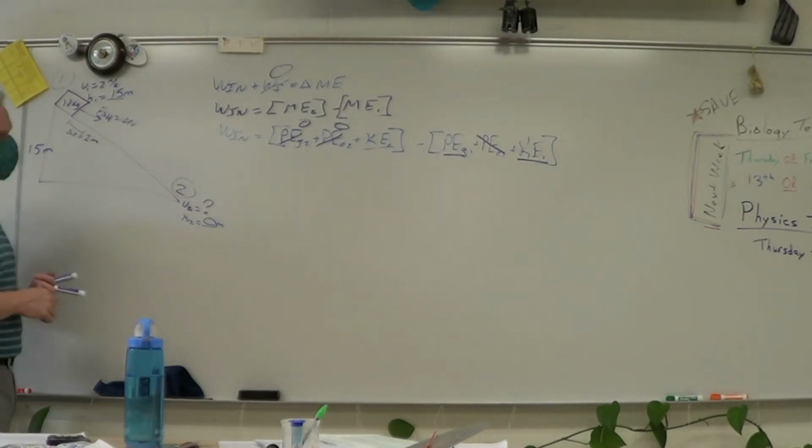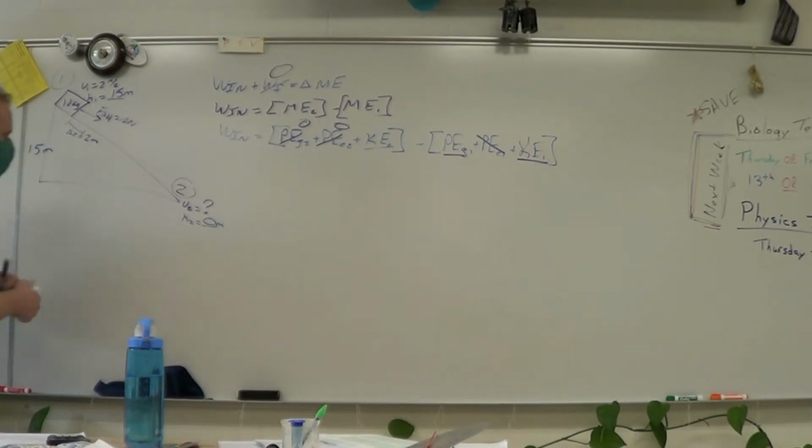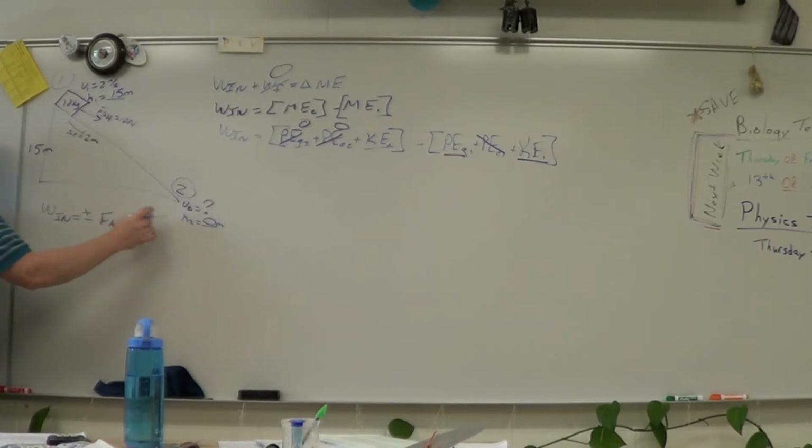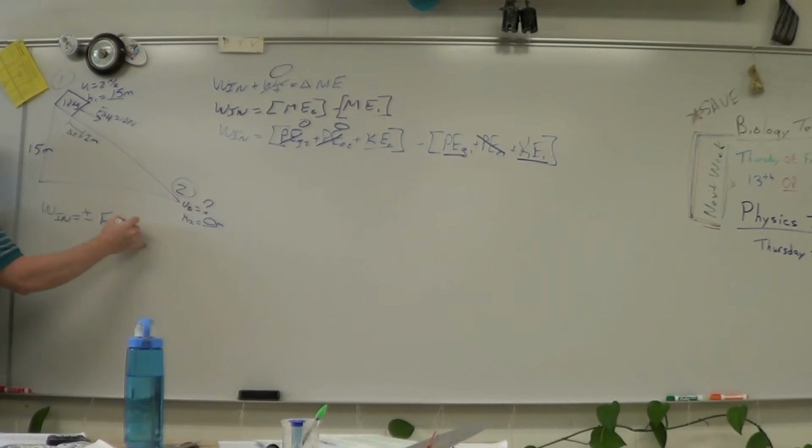So, before we get going too far, we're going to have to start plugging some numbers in here pretty quick. I personally like to calculate work in and work done by friction separately. In this case, there is no work done by friction, but there is work being put in because there's an applied force and a displacement.